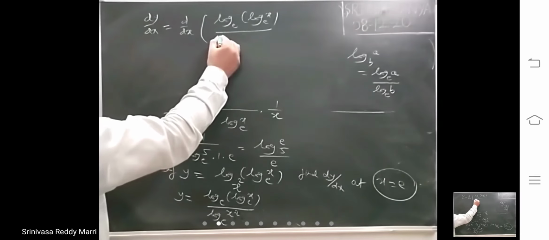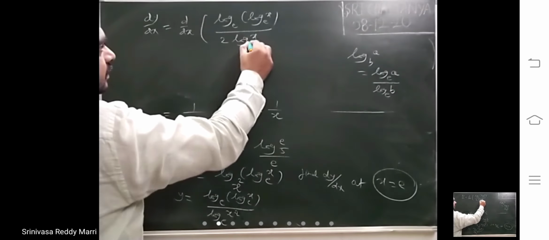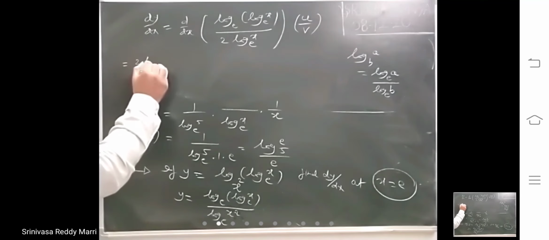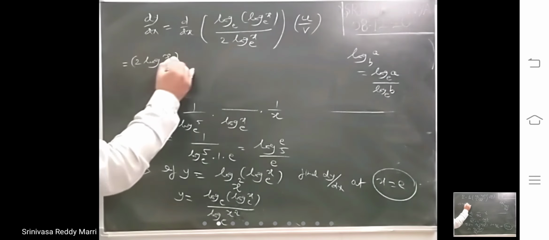The power can be written outside, so it is 2 log x. Now both functions are there, so the quotient rule, the u by v rule, has to be used: v into d by dx of u.